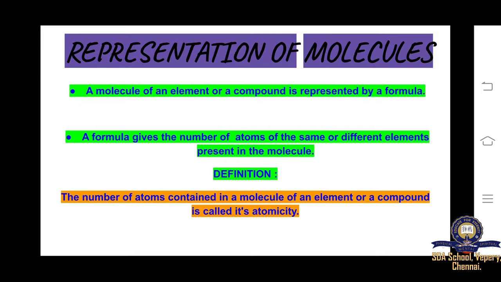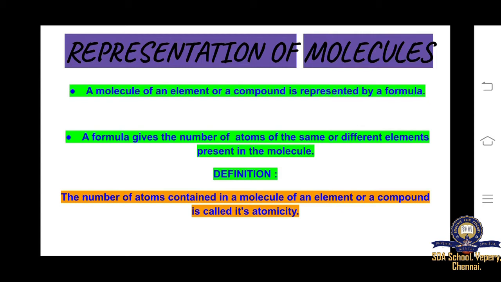Our topic is representation of molecules. So how to represent a molecule? A molecule of an element or a compound is represented by a formula. Water's formula, in the previous slide we saw, is H2O. H2 means two hydrogen and one oxygen.